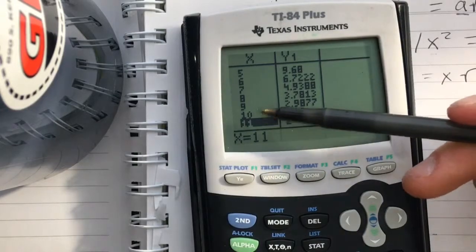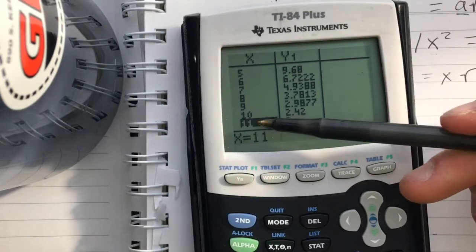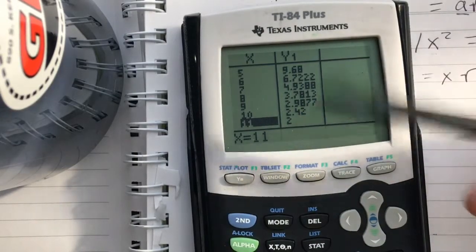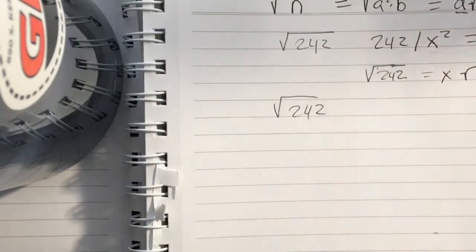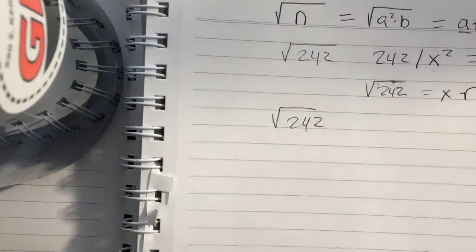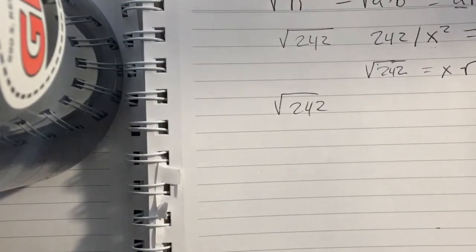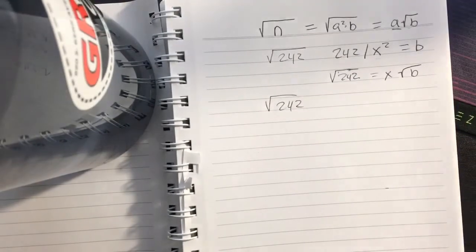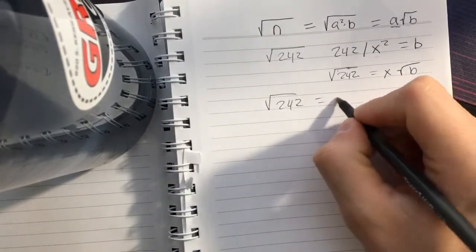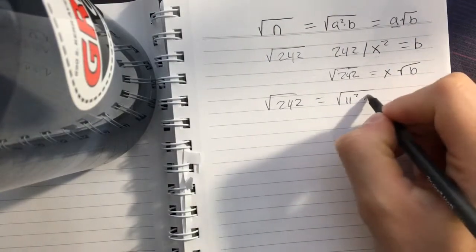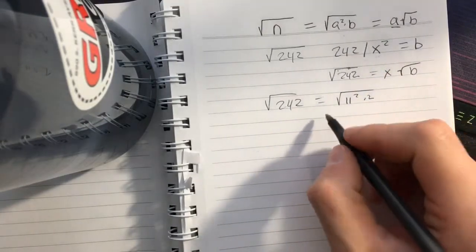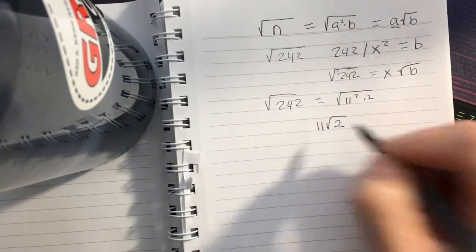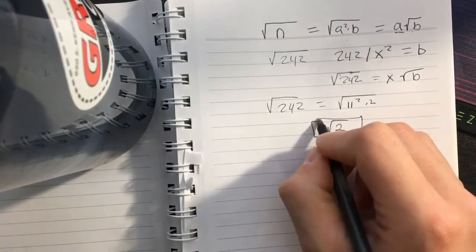So what this means is 242 divided by 11 squared is going to give us 2 left. It's going to go in twice. So this would mean, and I'll zoom back out a bit, that I would write this as 11 squared times 2, and I can split this like we did here, and this will give me 11 square root of 2. And that will be my answer.